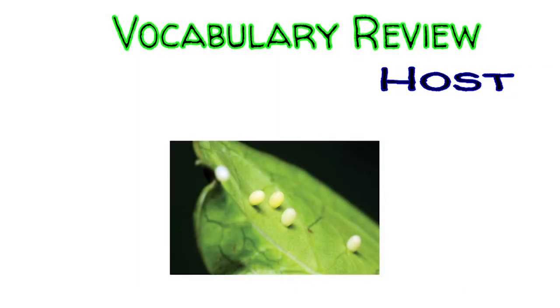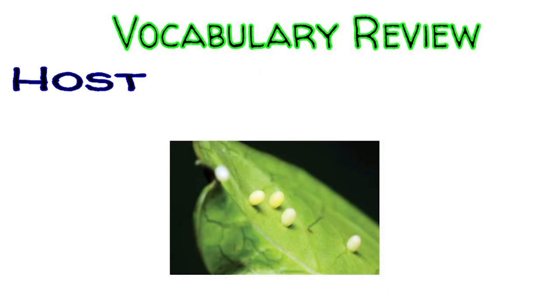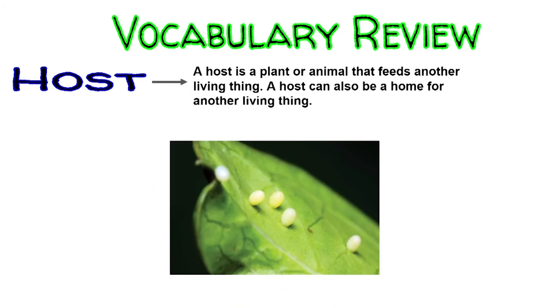Let's review our vocabulary words that we have learned today. First, we learned the word host. A host is a plant or animal that feeds another living thing. A host can also be a home for another living thing.